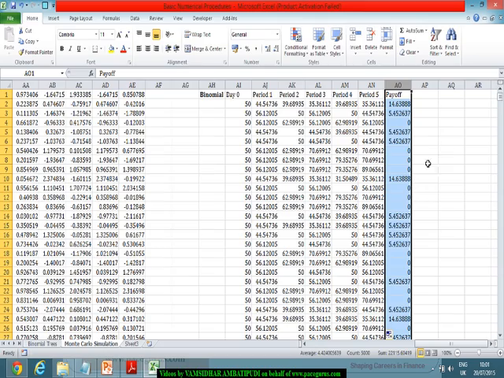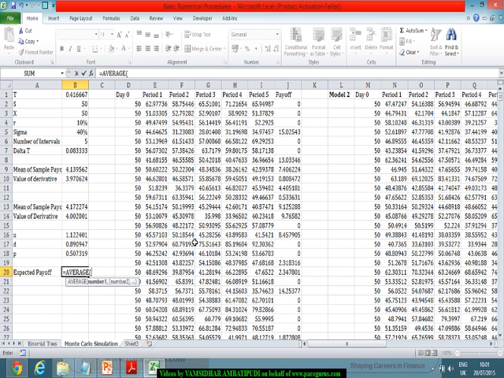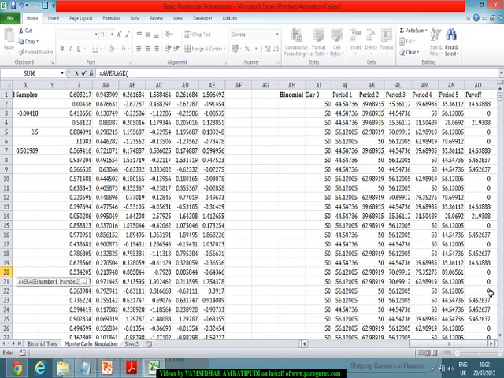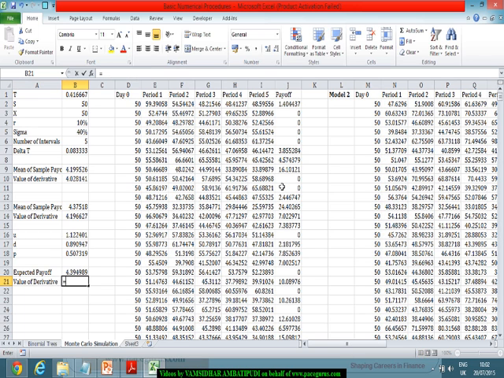So using this procedure, the expected payoff comes out as the average of the payoff column here, and from here I get the value of the derivative as the present value of this expected payoff, discounted by e to the power of r t.